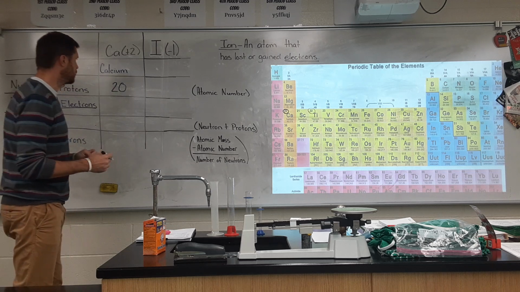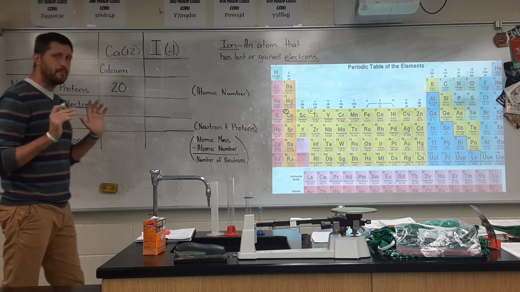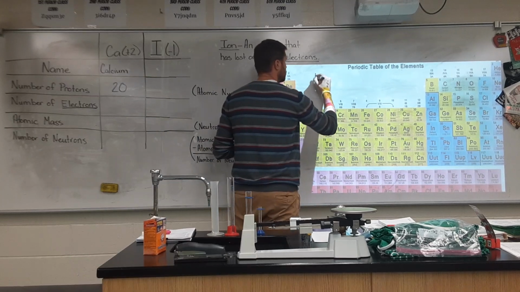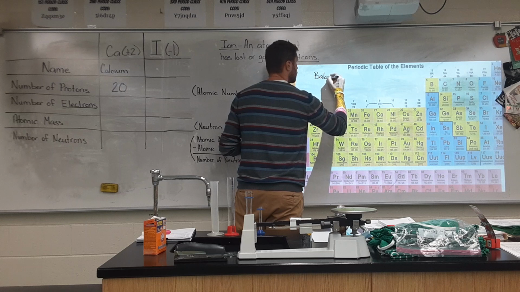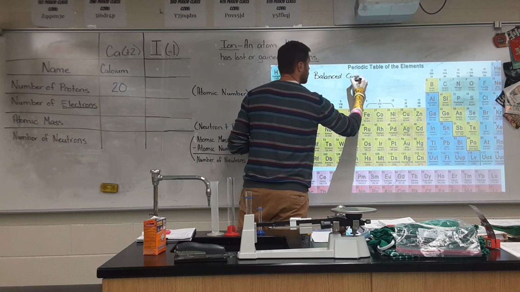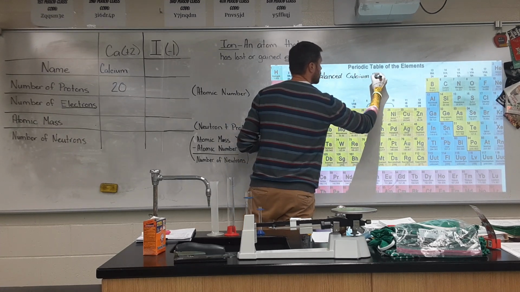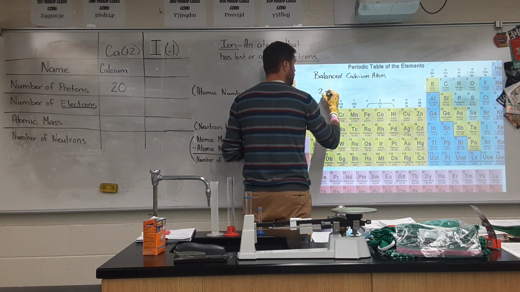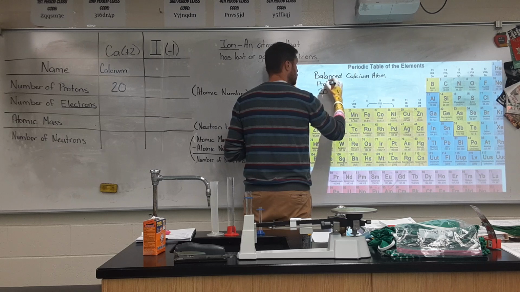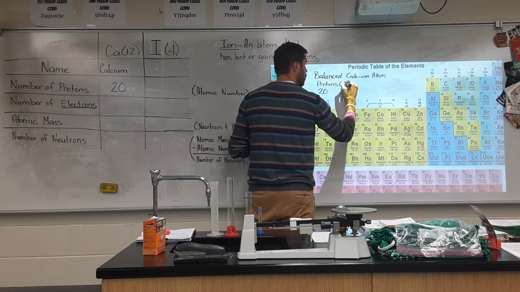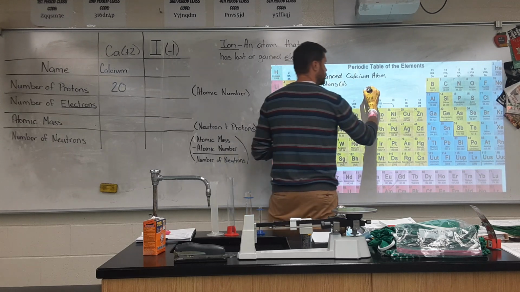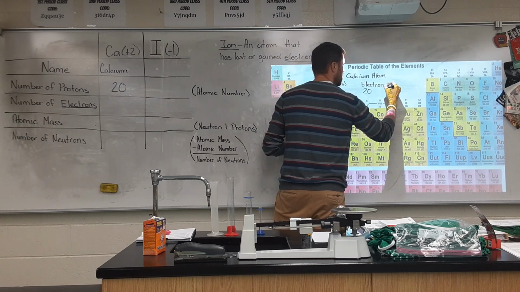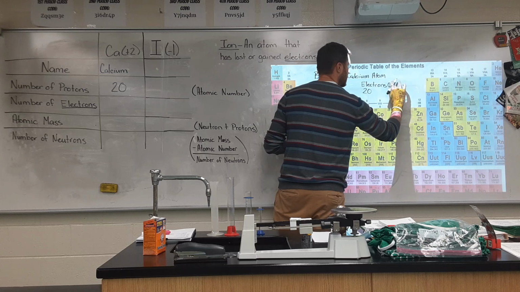All right, so let's think about this. In a balanced calcium atom, we are going to have 20 protons, which are positive, and 20 electrons, which are negative.